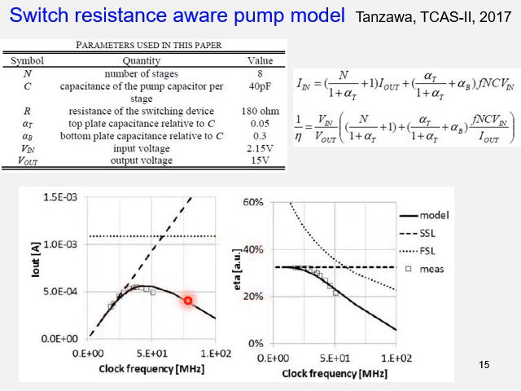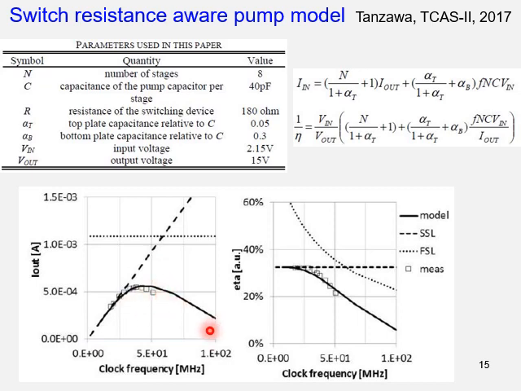This bold curve shows the model equation, and the rectangle marks the measured points. Measured points are limited in terms of clock frequency, however, in this region, the model has a good agreement with the measured result.